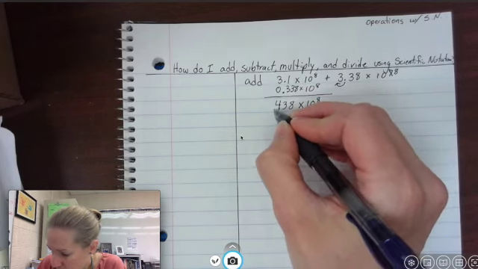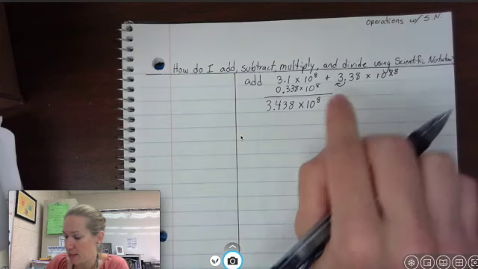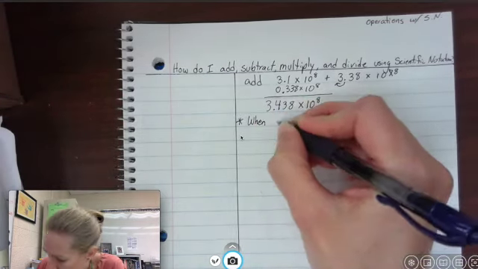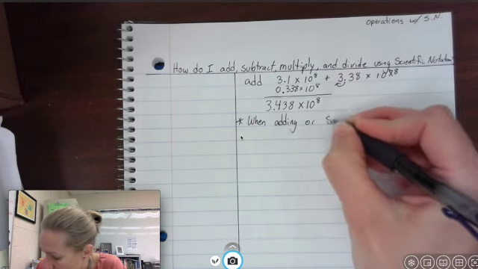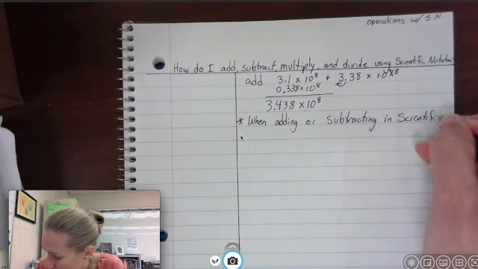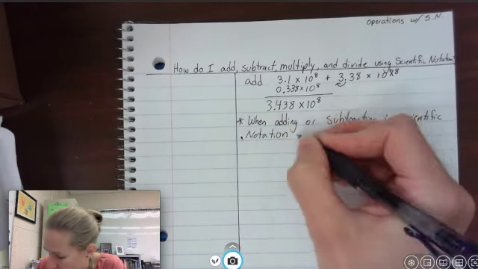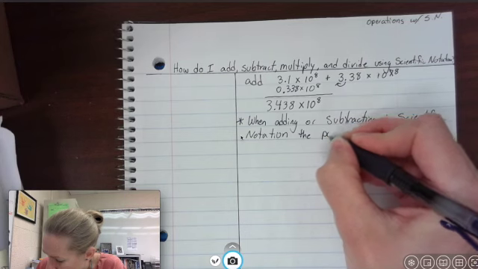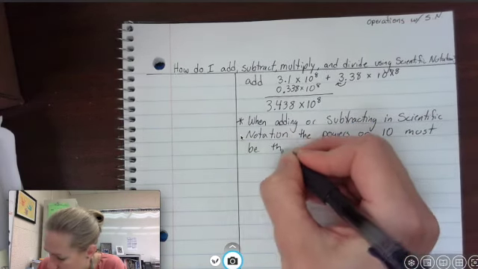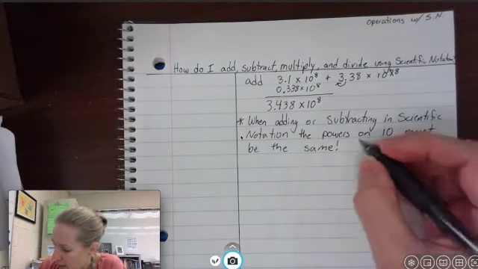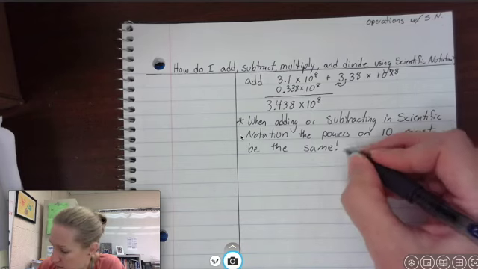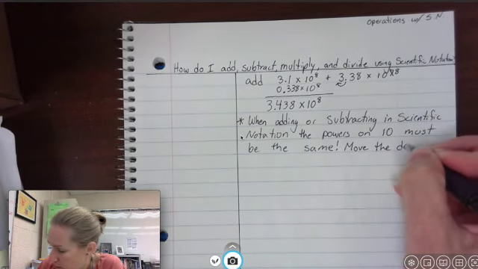The key when adding or subtracting is that the power on 10 has to be the same. When adding or subtracting, if they're not, you need to move the decimal.